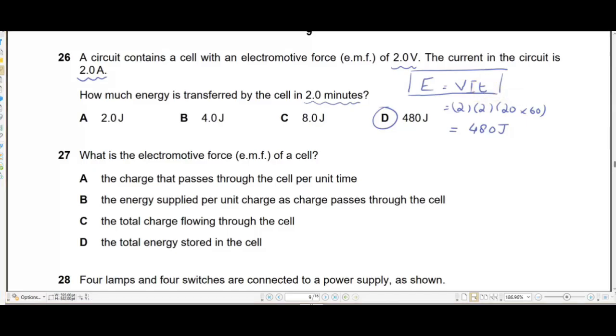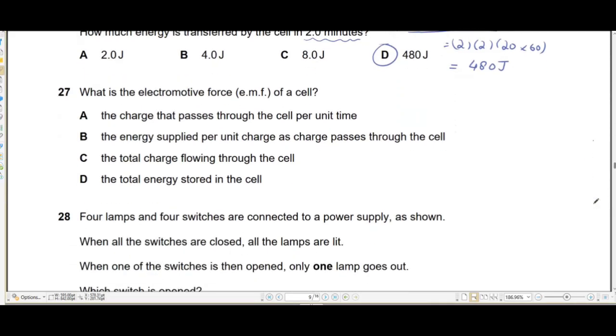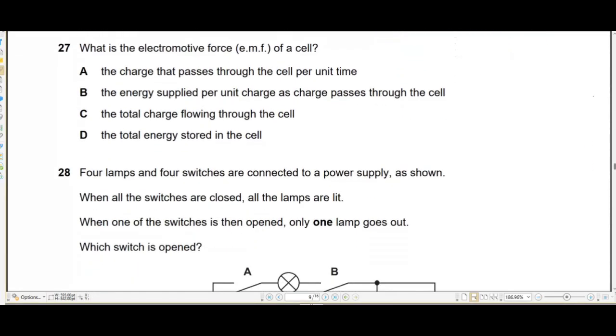On the topic of electromotive force and energy, I have given an intro of all these formulas that are going to be helpful to you and that you have to remember. So kindly go and refer to that video, and you'll learn many things in that video regarding these formulas and everything else.